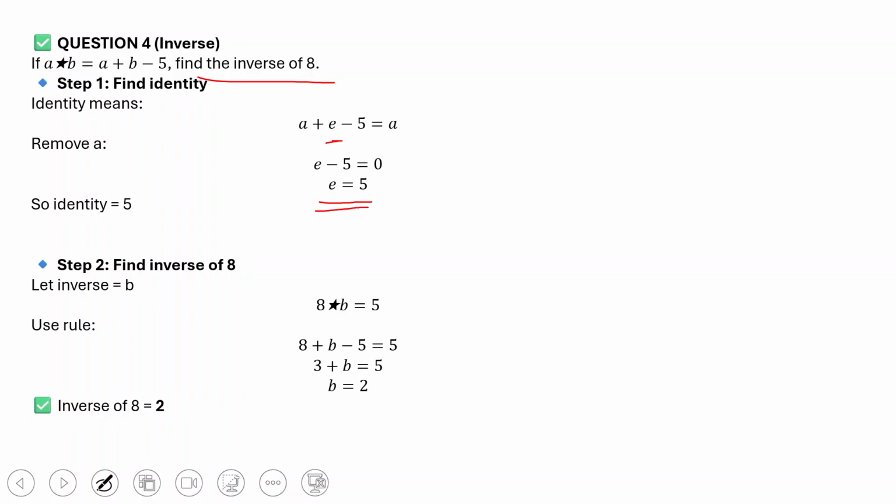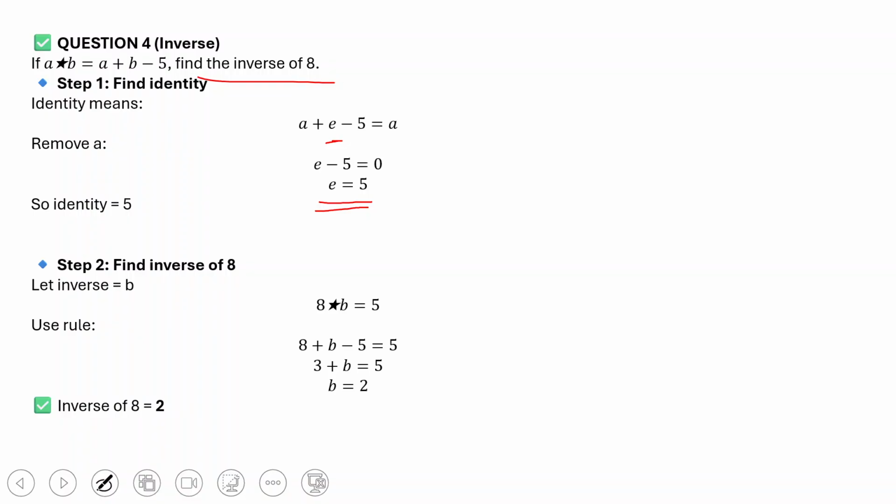So to find the inverse of 8, let's inverse b. b is the middle element. So I say 8 star b is equal to 5, the identity element.